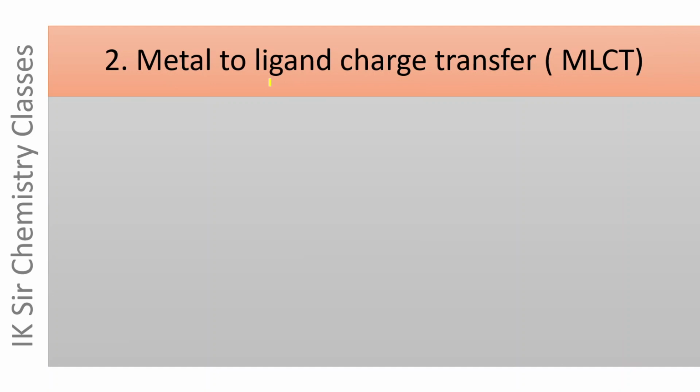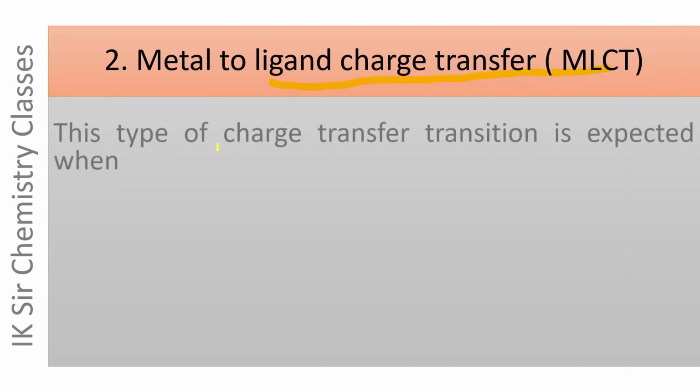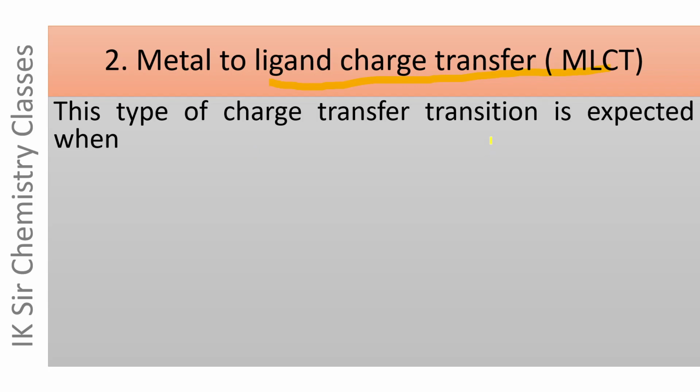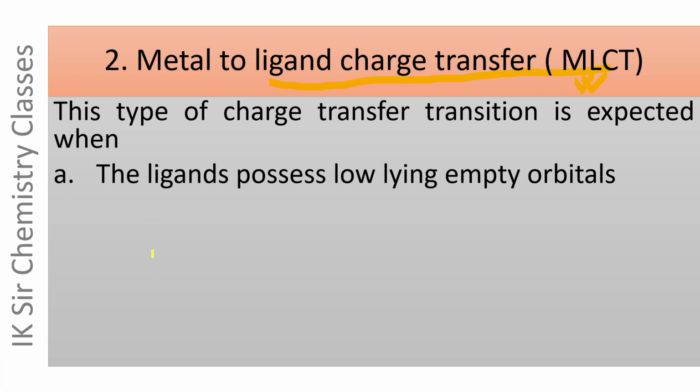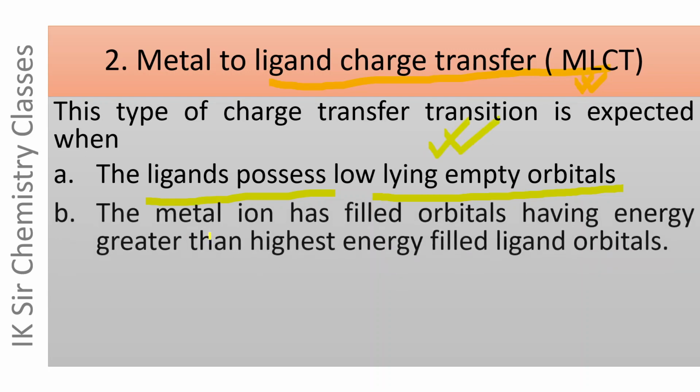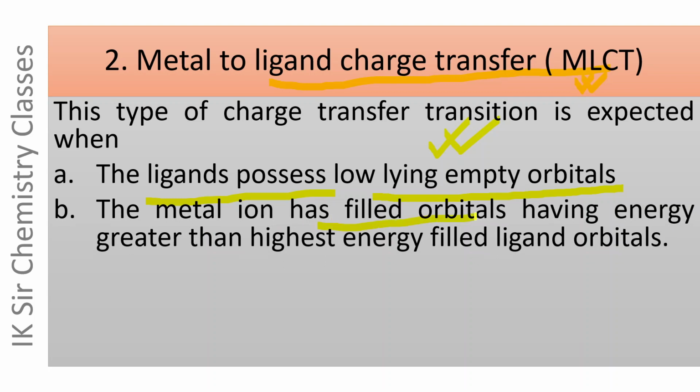Metal to ligand charge transfer. This type of charge transfer transition is expected when the ligands possess low-lying empty orbitals, and the metal has filled orbitals having energy greater than the highest energy filled ligand orbitals.